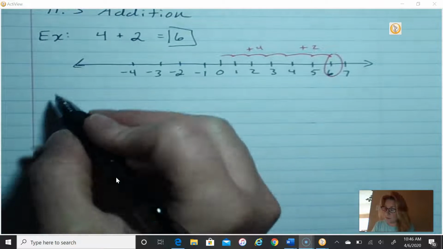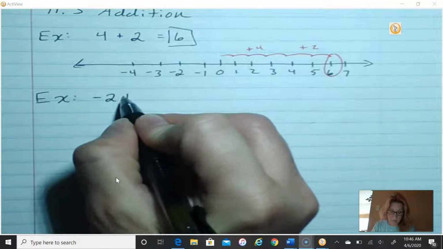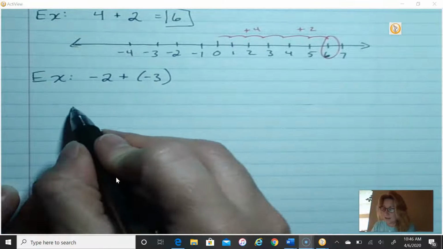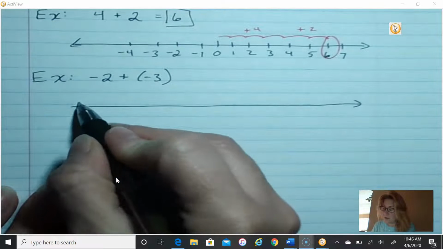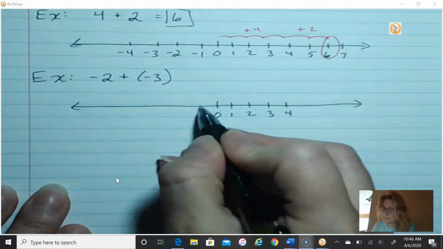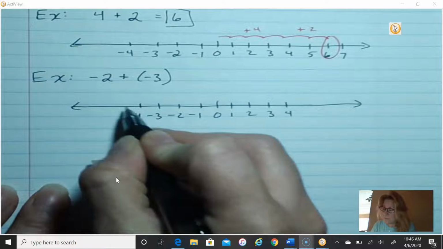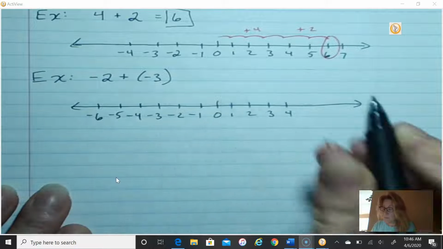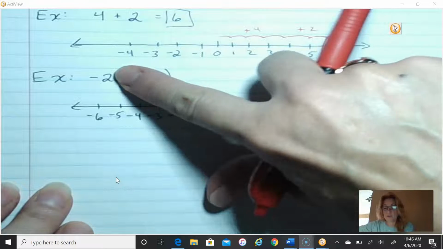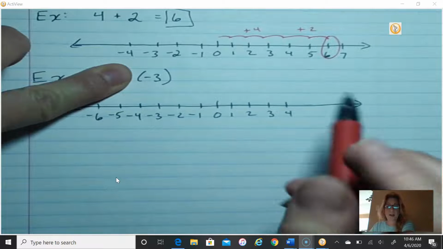If I were to give you an example, negative 2 plus negative 3. You draw your number line. Okay, you start at 0. That is a -2, and that is a -3. Okay, we're combining those.